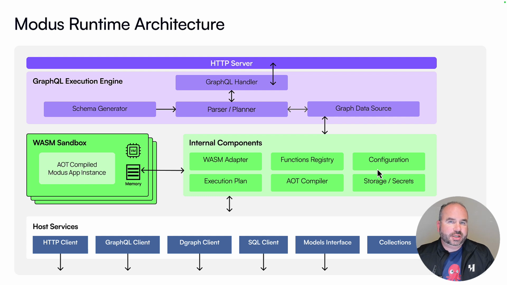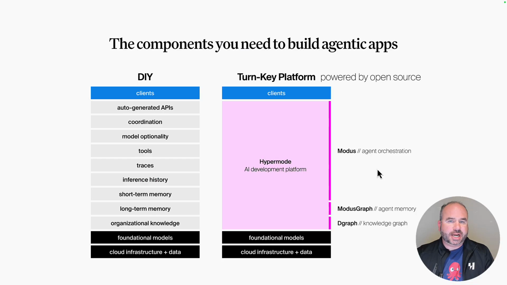The Modus runtime, leveraging WebAssembly, gives us some advantages as well for security and a sandbox environment for your AI agent to run in. But all of that WebAssembly aspect is abstracted away from the user.